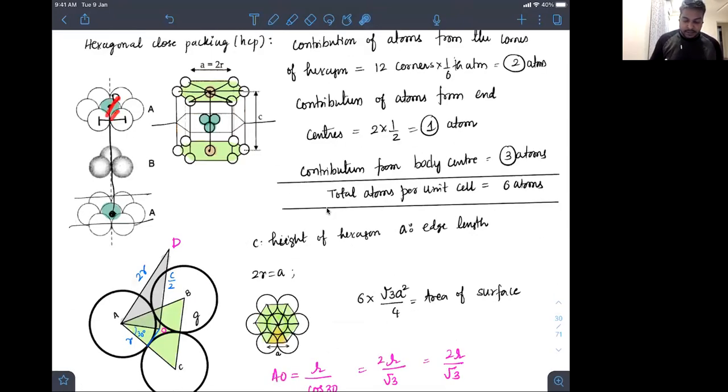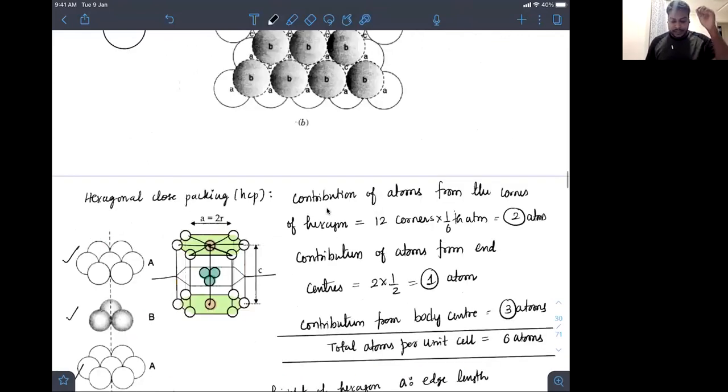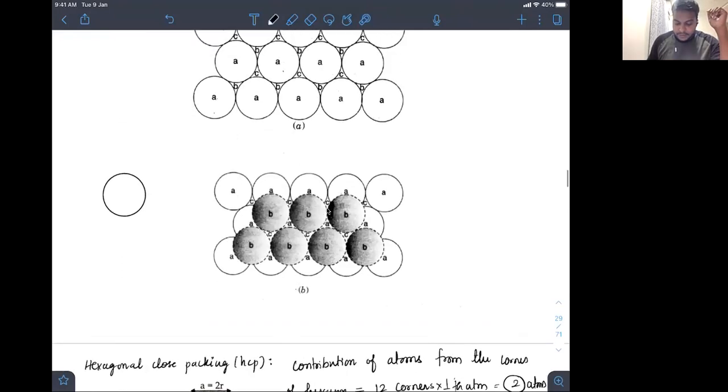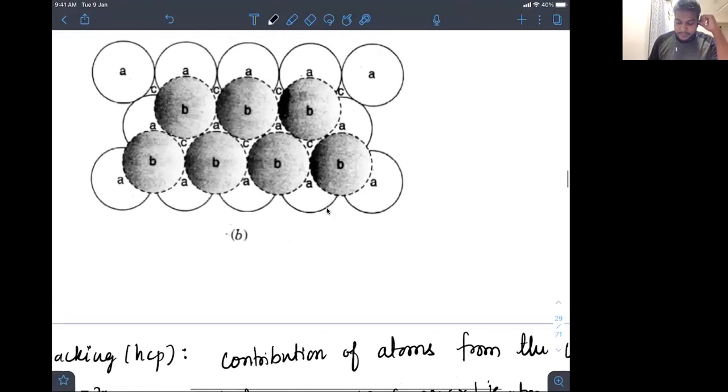This is the hexagon, right? This is the hexagon in which there is A type of packing, then B type of packing. Watch carefully now what I do.